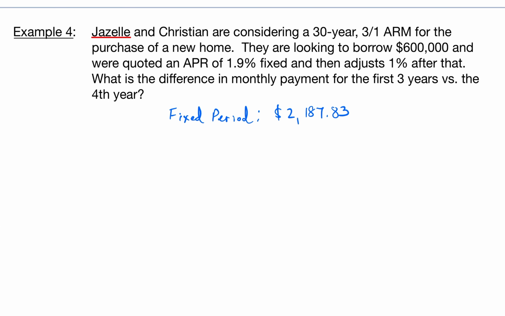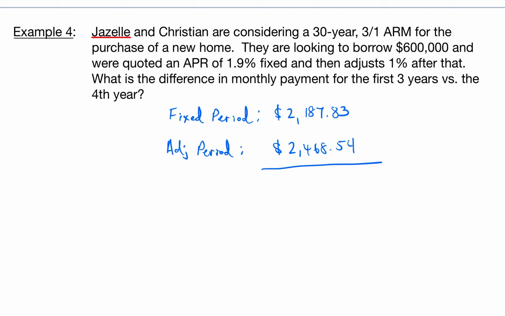Let's write that in. So during the adjustable period for year 4, our mortgage payment is $2,468.54. Then let's calculate the difference.